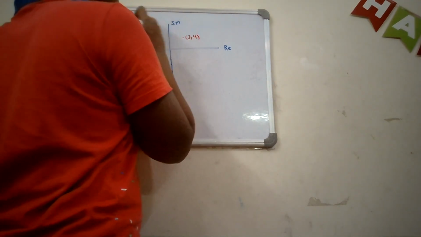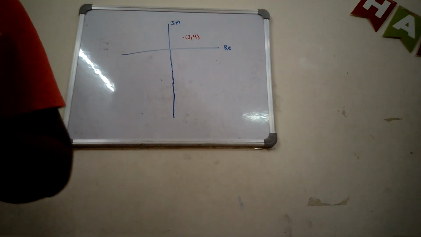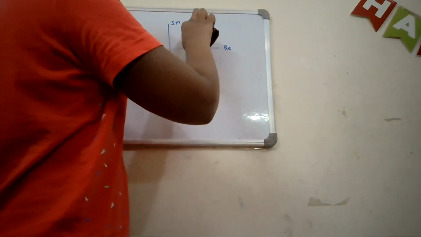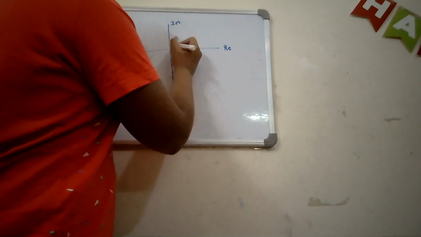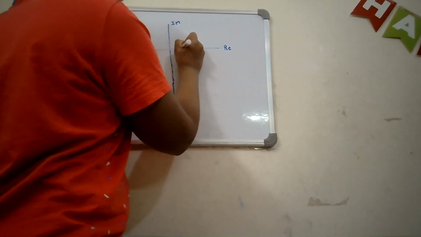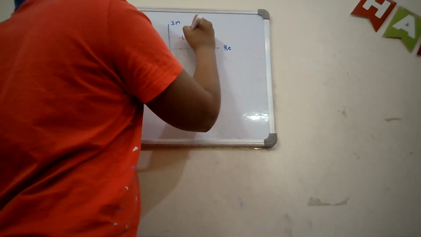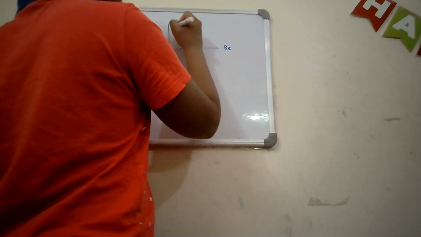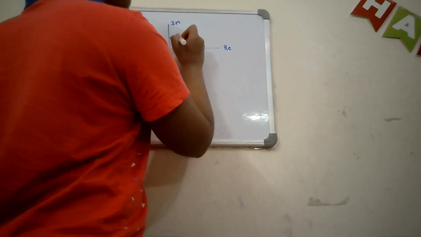Hold on. What did I do? It's supposed to be 4 steps here, 1, 2, 3, 4, and 1, 2, 3. And then when we make this point, we get something like this, 3, 4.